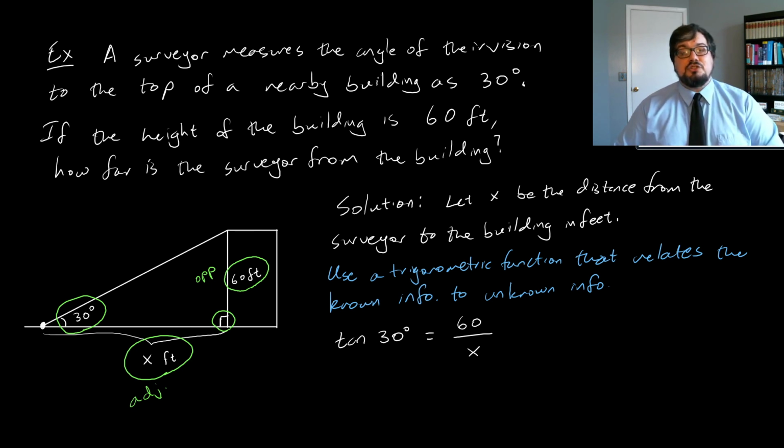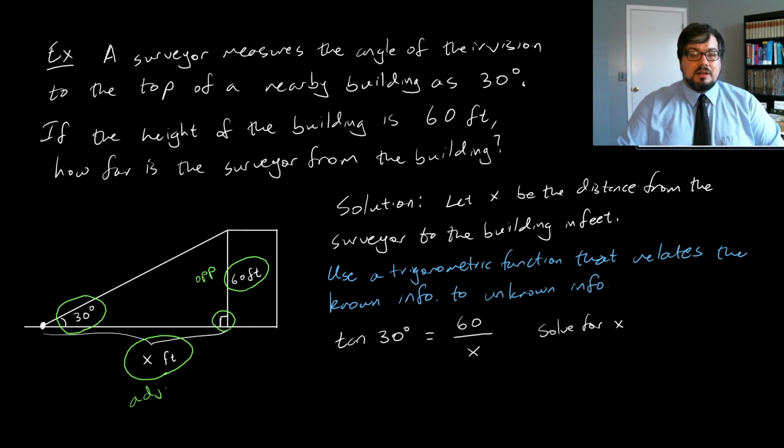So this is just using what we know about trigonometric functions. So now we can solve for x. This is just using standard algebra techniques. So we'll multiply both sides of this by x and get x times tangent 30 degrees equals 60.